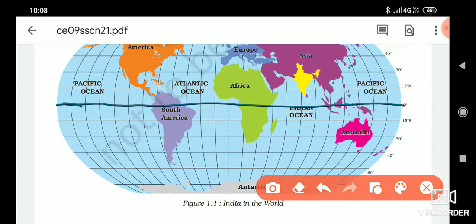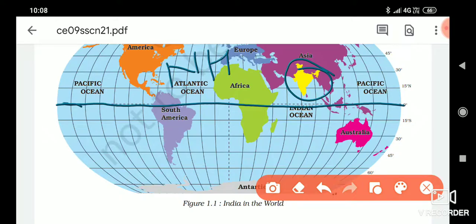The upper part, the northern part of the equator, is called the northern hemisphere, and the southern part of the equator is called the southern hemisphere. And as you can see, India's location is the northern hemisphere. India lies in the northern hemisphere on the globe.